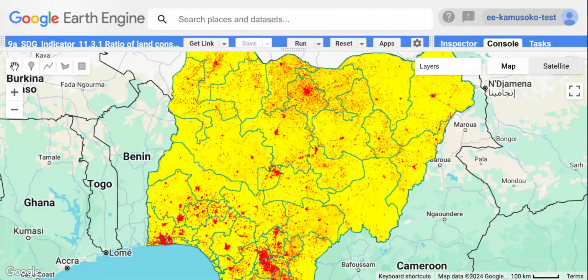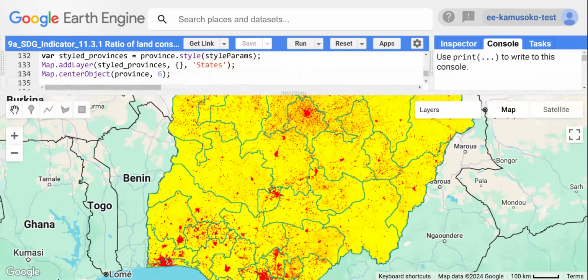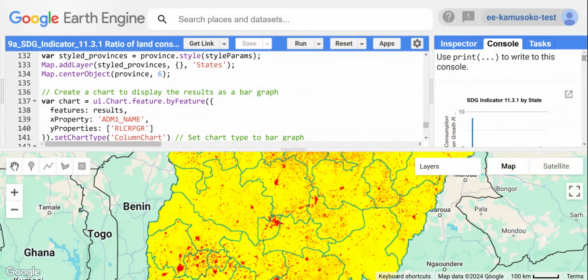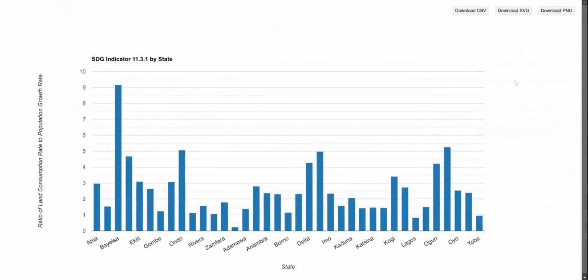And if we go to the console, we can see the graph. Okay, let's just zoom in. Okay, so this is the graph showing the indicator, that is the ratio of land consumption rate to population growth rate for each state.